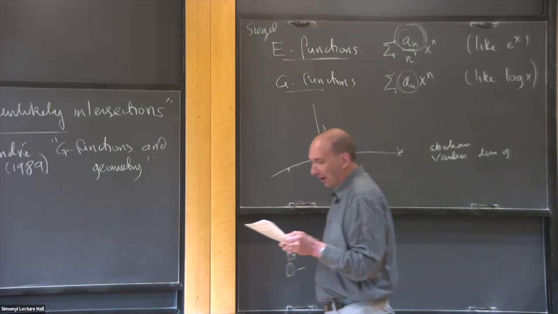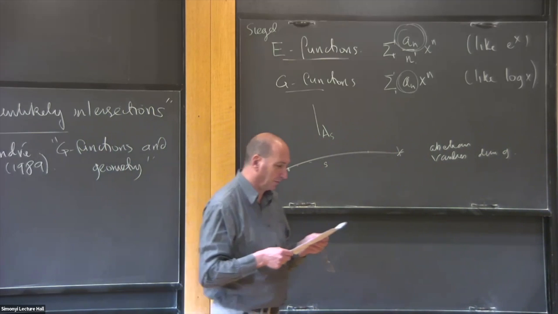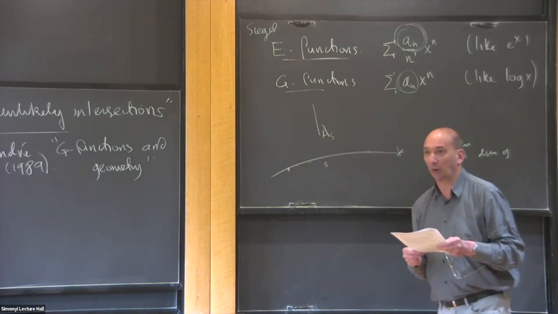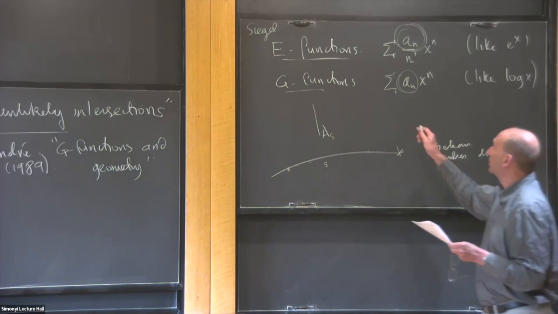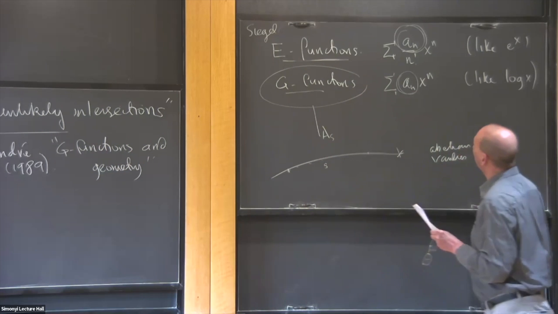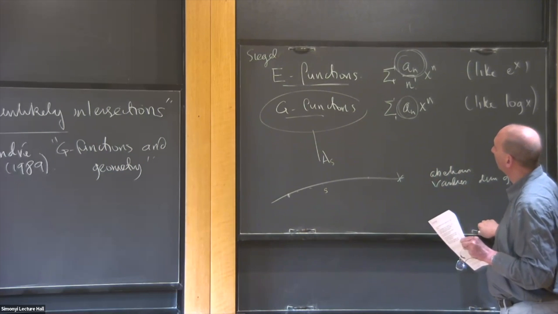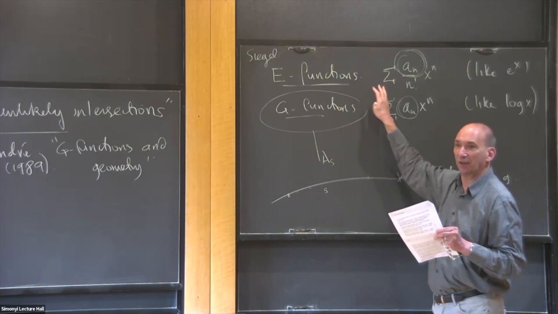And now, a fundamental foundation of André's book and the basic work on the whole topic is Bombieri's 1981 paper on G functions, where he really puts this subject somehow in order. I guess Siegel had done much more on the E functions than G functions somehow.